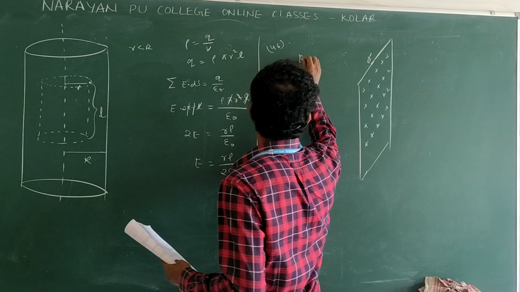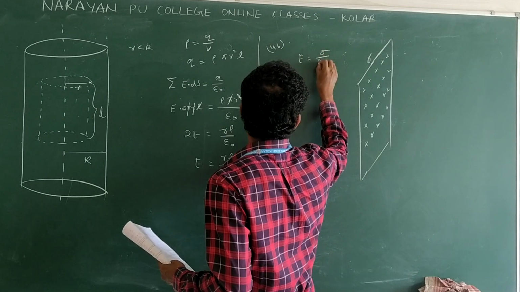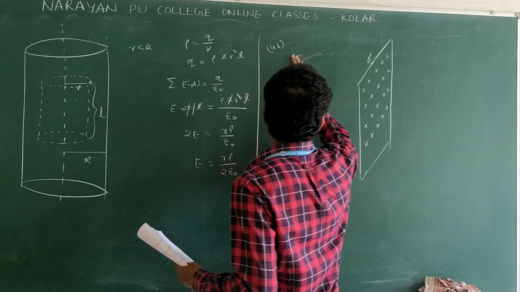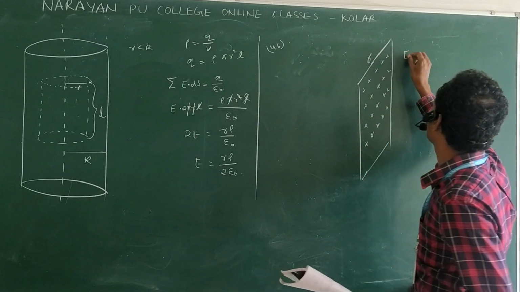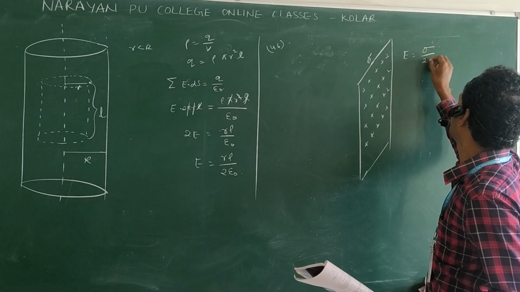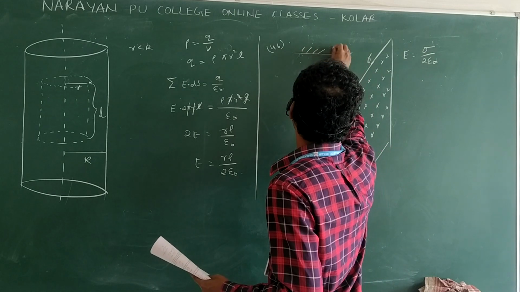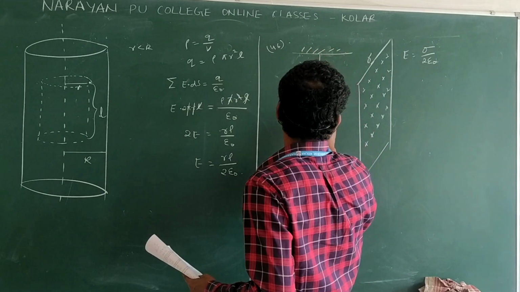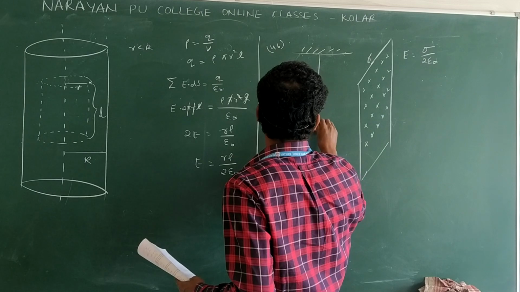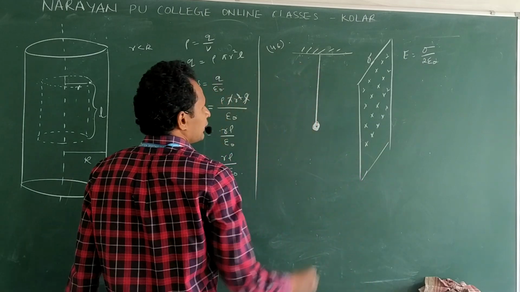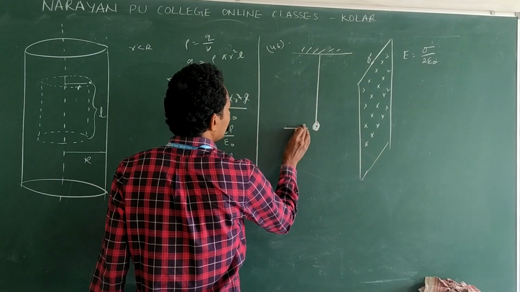Electric field due to a thin sheet, we have already done: E is equal to sigma by 2 epsilon naught. Here what did they do? One charged sphere is suspended. Then this electric field acts like this.